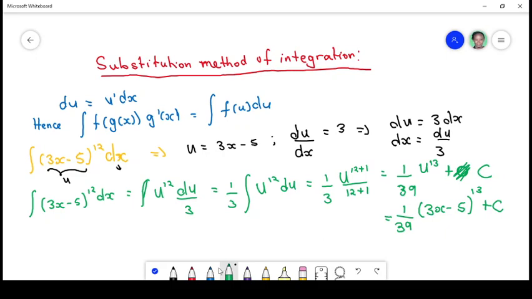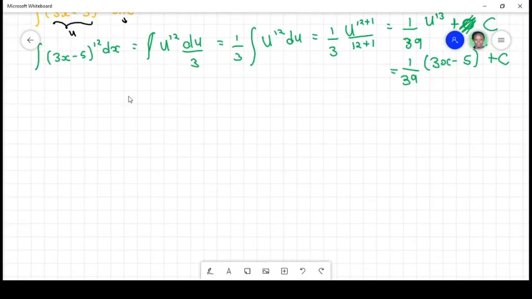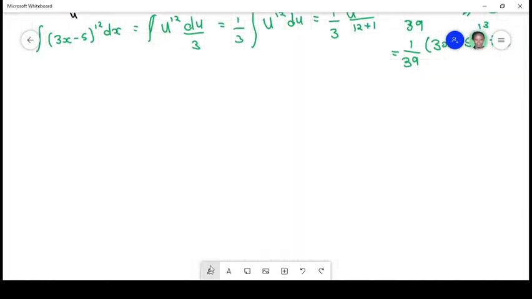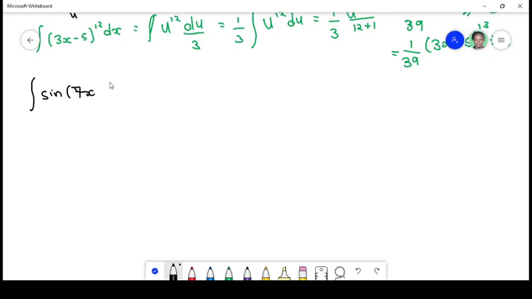Let's take another example. Let's say I want to integrate sine of (7x plus 2) dx. I want to use the substitution method.